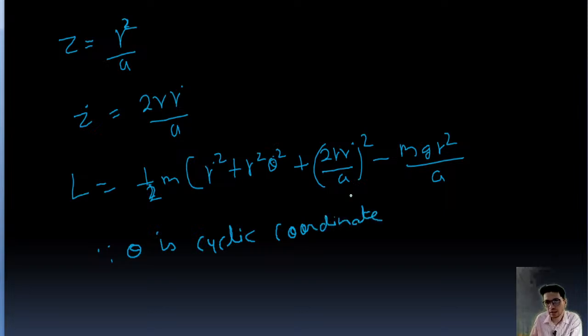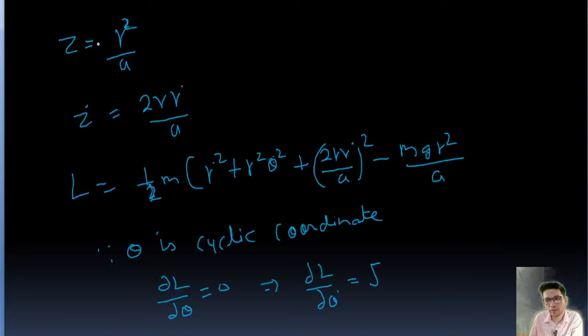Theta is a cyclic coordinate, it means del L over del theta equal to 0. That implies del L upon del theta dot is equal to J, where J is the angular momentum. So J equals del L upon del theta dot.